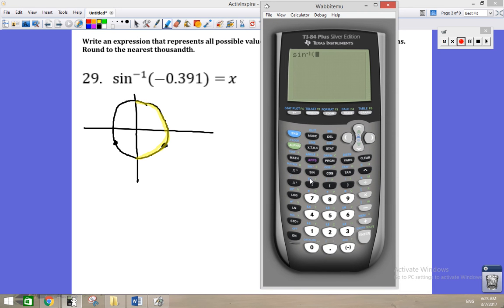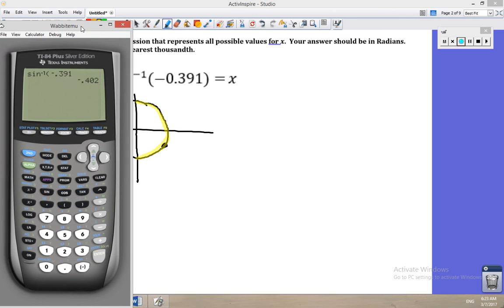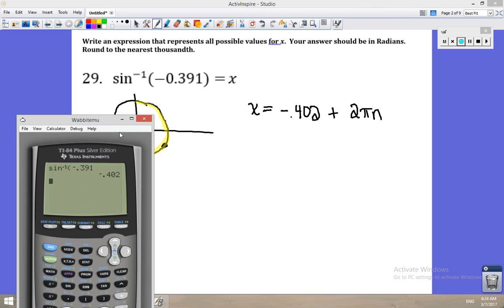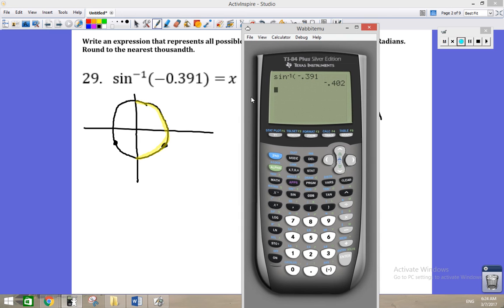So if I go inverse sine, there's one of infinitely many solutions. We'll add 2 pi n in reference to this point and all the angles that are coterminal to there.